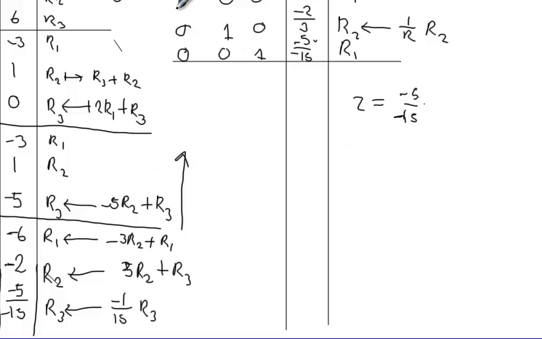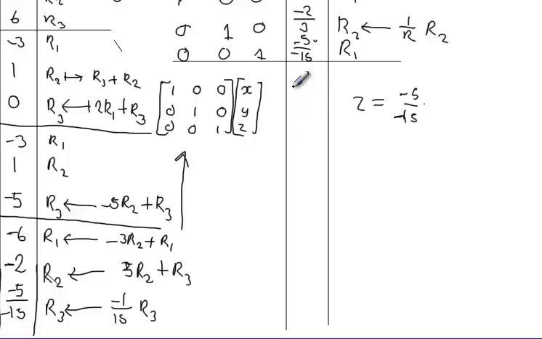If we take this matrix and get it as 1, 0, 0, 0, 1, 0, 0, 0, 1, multiplied by the unknowns x, y, z, this will still be b.